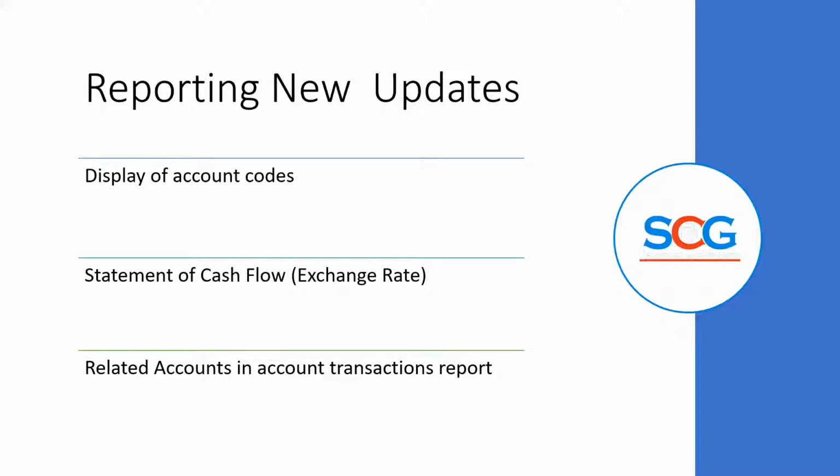The next update is on the statement of cash flow. Thanks to the XERO discussion community and feedback from users, XERO has now added the exchange rate differences arising from bank revaluations to the statements of cash flow to give a true balance of the cash when you run the cash flow report.